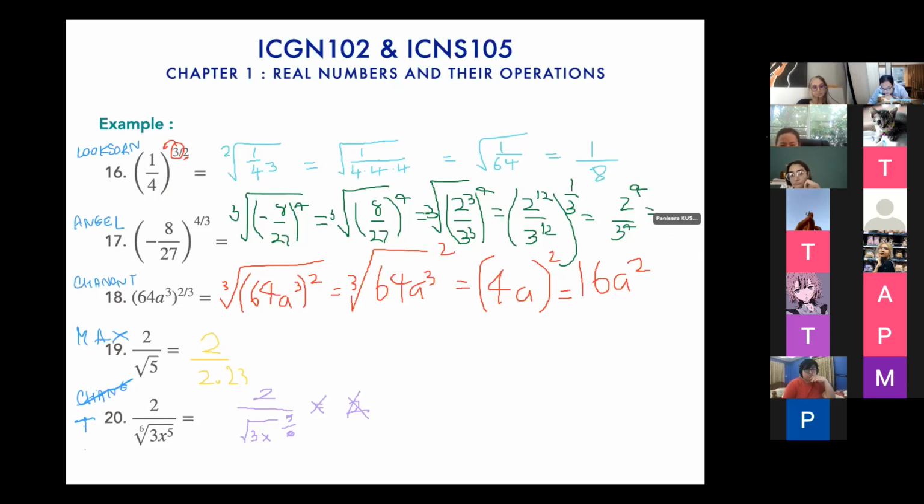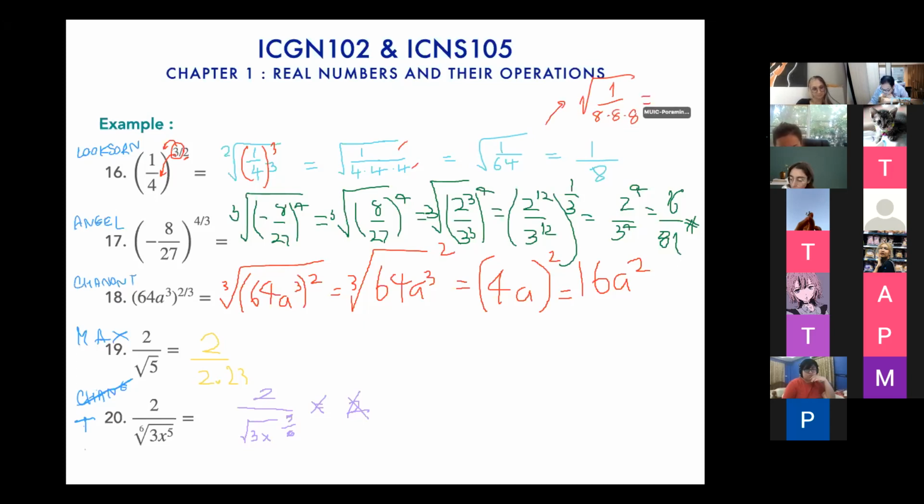So in this one you can write it down in the form of the square root, yeah this is correct, square root of 1 over 4 to the power of 3, like this. So it is 1 over 4 times 4 times 4, and then it is square root 1 over 64, or you can write it as square root of 1 over 8 times 8 times 8.